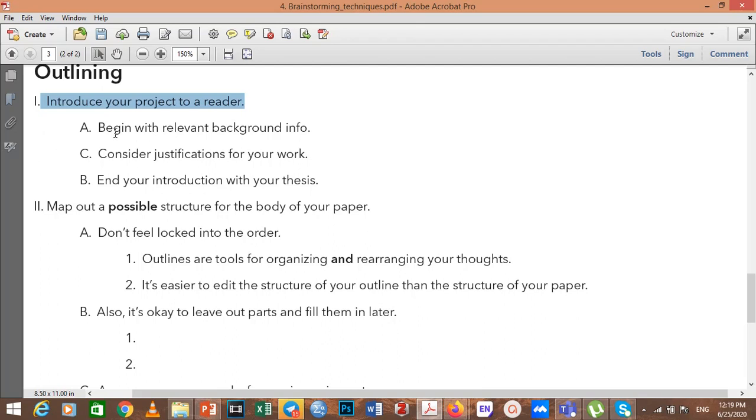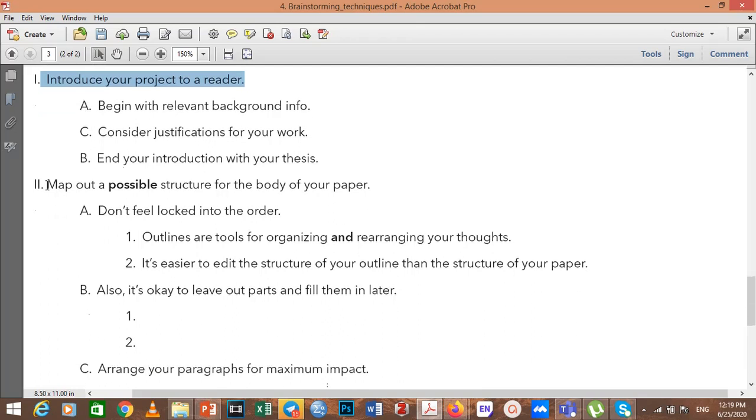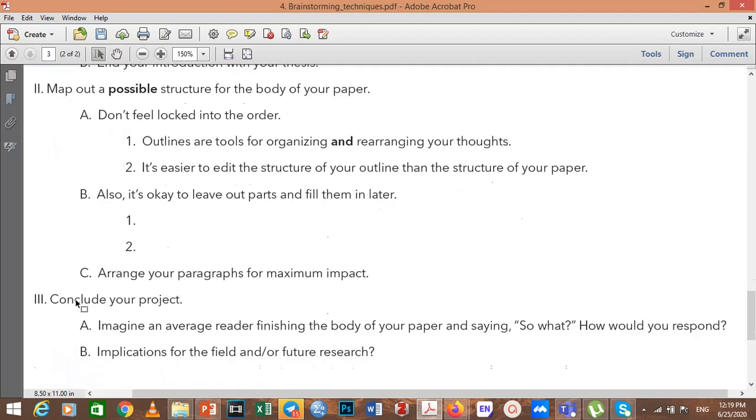Okay, because of drinking alcohol, and then you have A, B, C, D to explain why drinking alcohol is the cause, right? And then I go to number two, because of road condition, and then I will have A, B, C, D. This is the supporting detail to support why road condition is a cause of traffic accidents. Last but not least, it's about driver characteristics, and then I will have A, B, C, D, right?